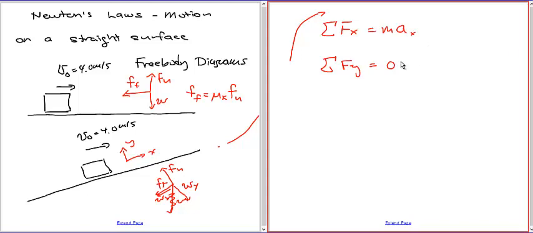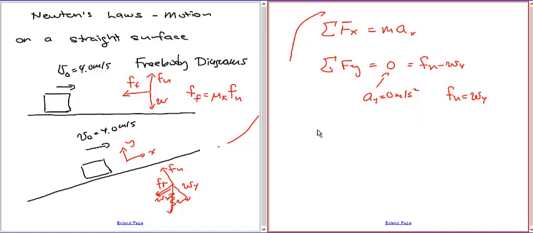The reason that's 0 is a sub y is equal to 0 meters per second squared. So you have one equation, and what you use this for is to relate the normal force and the y component of weight. Here's your y component of weight, here's your normal force. They have to balance out. So what you find is the normal force is equal to the y component of the weight.